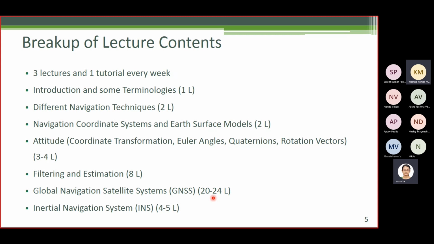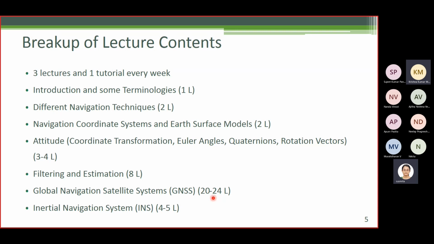Some are operational, some are under development. So all these systems, GPS-like systems, are together called Global Navigation Satellite Systems. Okay, GNSS. So we will have a detailed discussion. Again, not too detailed. We cannot have highly detailed discussion. Approximately 20 to 24 lectures are allocated for the discussion of global navigation satellite systems. And then if we have some time remaining, we'll have an introductory discussion of the inertial navigation system.